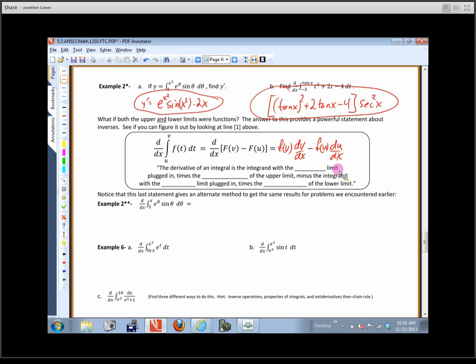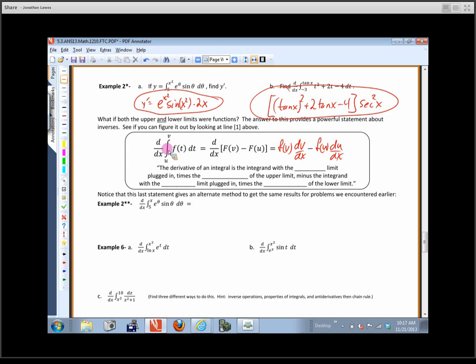All of the stuff that we've worked with so far in section 5.3, derivative of an integral is the integrand with the upper limit plugged in, period. If the lower limit is a constant and the upper limit is just a plain old x, that's still going to work here, and it's kind of swallowed up in this all-encompassing statement about how you differentiate an integral, about how derivatives and integrals are related.